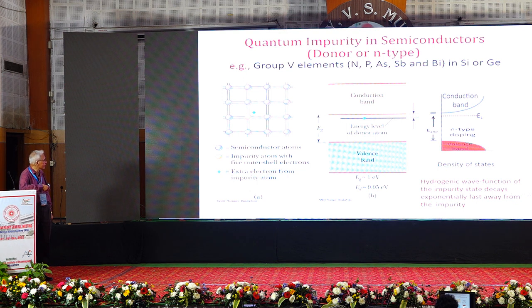Silicon has 4 outer shell electrons, and it's bonded tetrahedrally. This is a 2D caricature of the tetrahedral structure. If I have another impurity with 5 electrons, that impurity will substitute for the silicon, and then there is 1 electron left over. And the question is, what does it do? This impurity actually has an effective charge of +1.